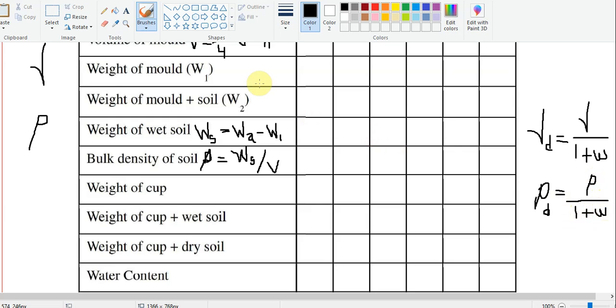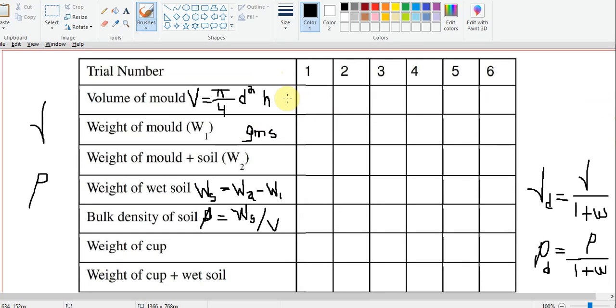Okay, now please note that all the weight will be in terms of grams, and the volume we are measuring in terms of centimeter. So volume will be in terms of cubic centimeter, cc, or centimeter cube. So density will be in terms of gram per cc, gram per centimeter cube.